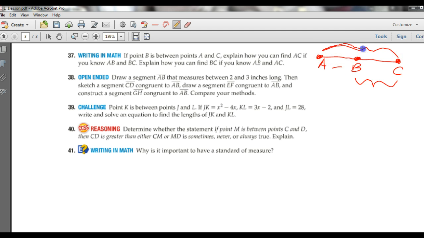So if you know the whole thing, if you subtract this part away from it, that will leave you with this part. So subtract AB from AC to find BC.